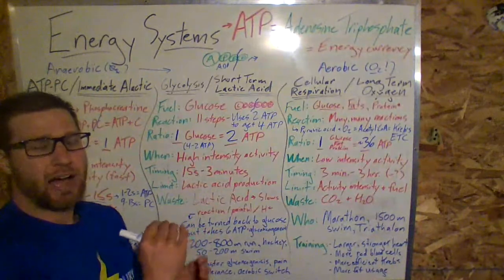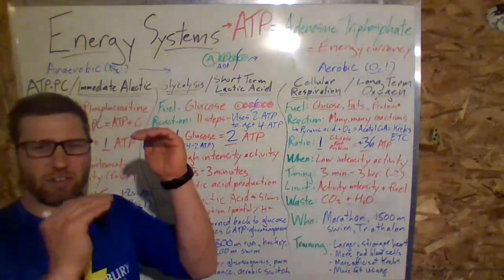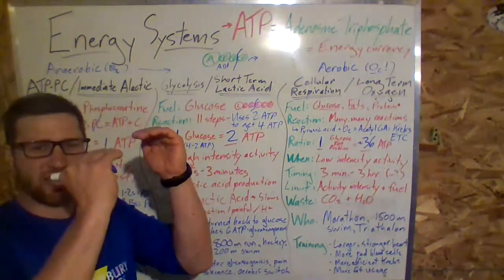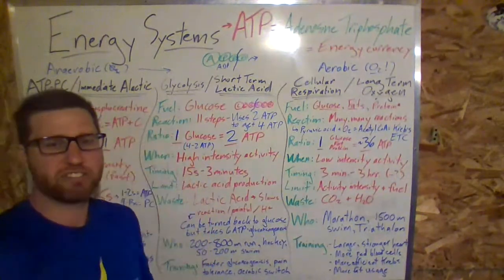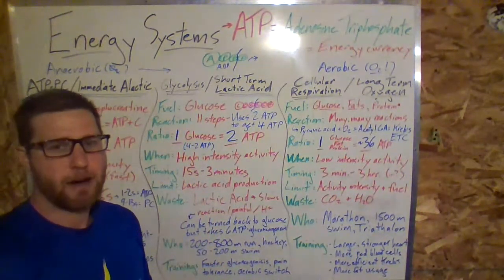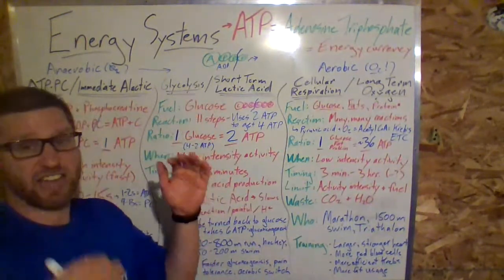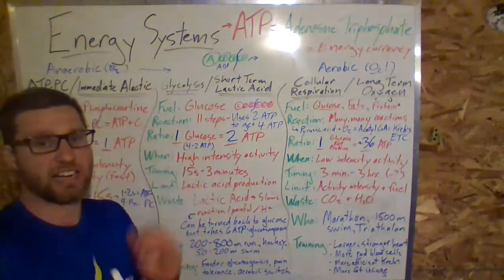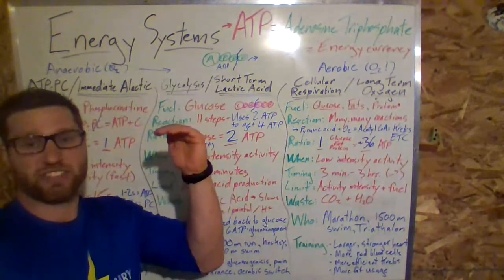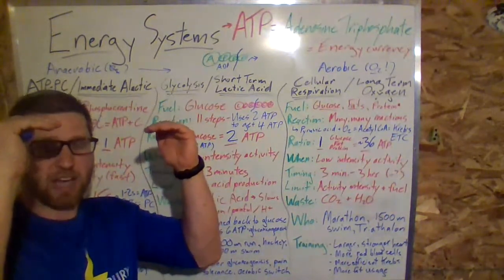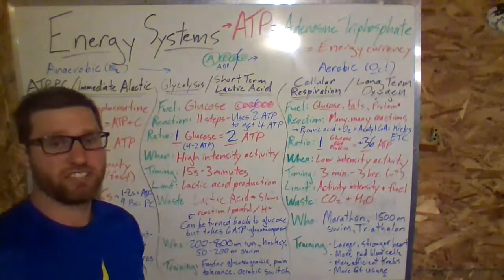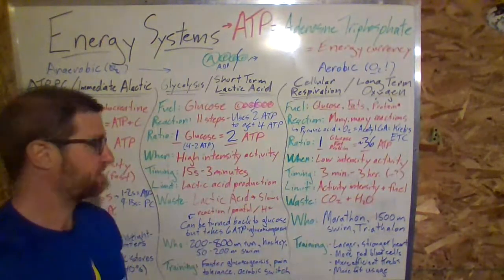Okay, so I'm at the same intensity level, but I'm not producing as much lactic acid because I'm using my aerobic system at that intensity. Whereas person B who didn't train, they're just using their lactic acid system and they're just accumulating lactic acid. Whereas I'm at the same intensity, but I'm using my aerobic system. I'm not producing the same amount of lactic acid, if that makes sense.